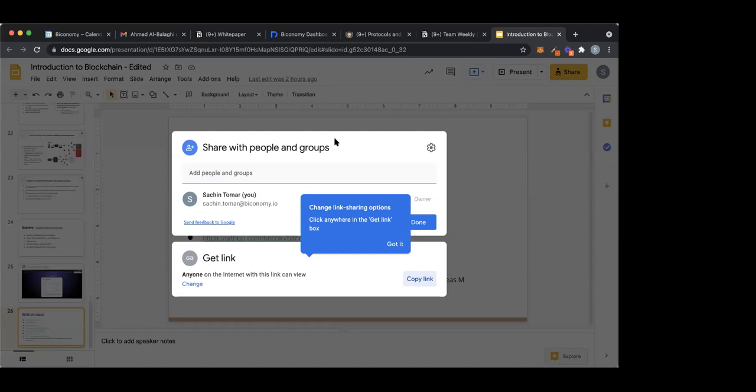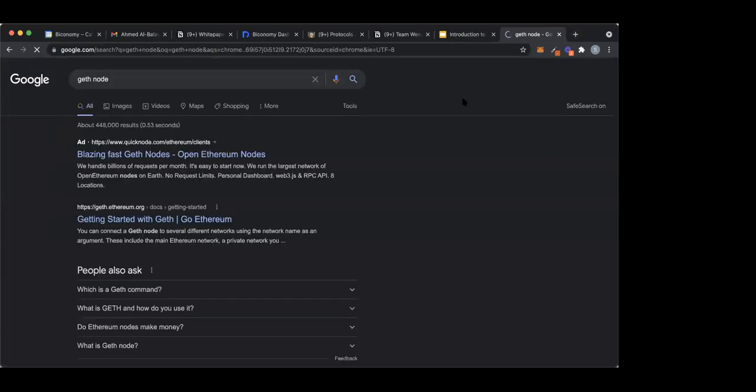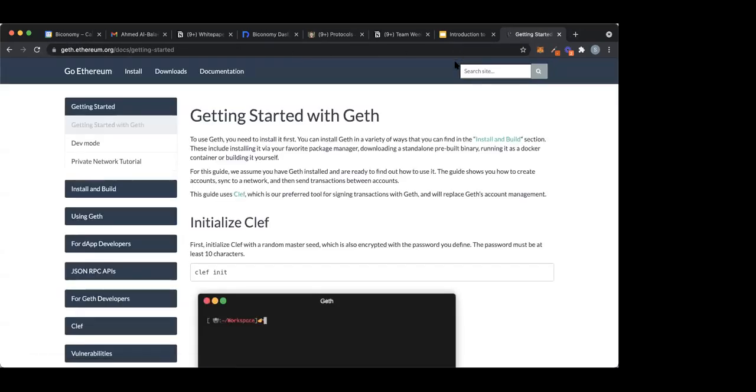If you want to run a blockchain, there is Geth, we call it Geth node, you can just search for getting started with Geth. This is a code which every node in the Ethereum blockchain is running. Some people are running it on their servers, and they are just getting connected with each other, and that's how a network and a blockchain is formed.